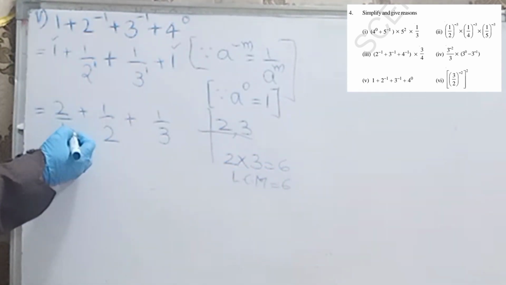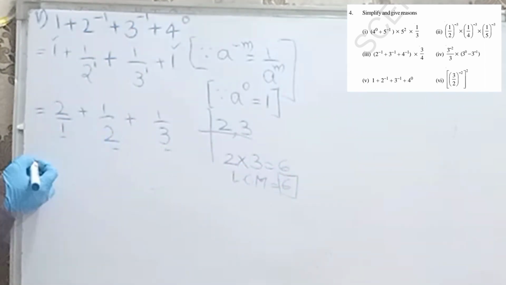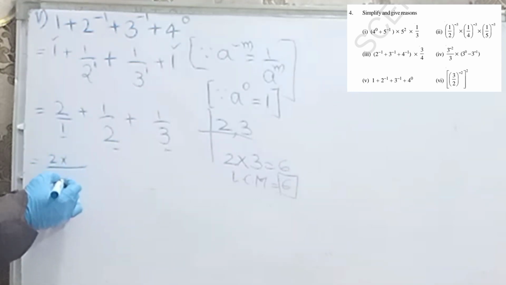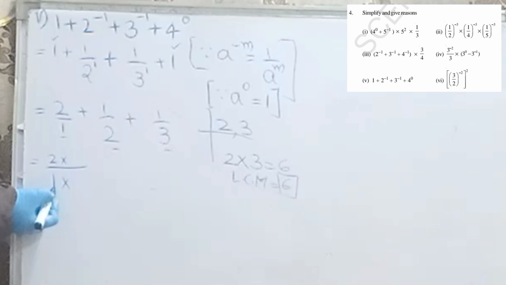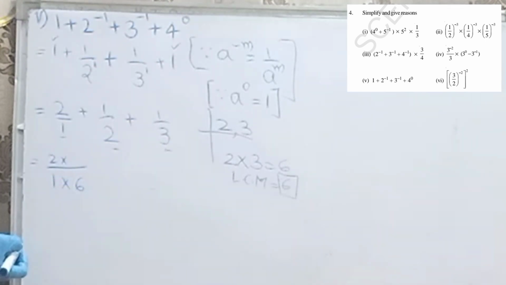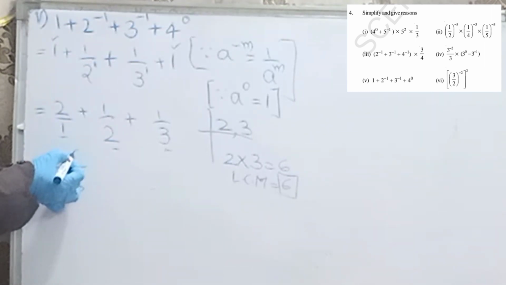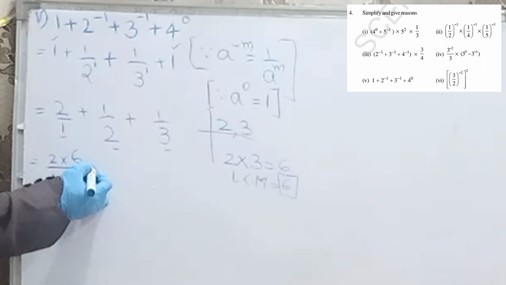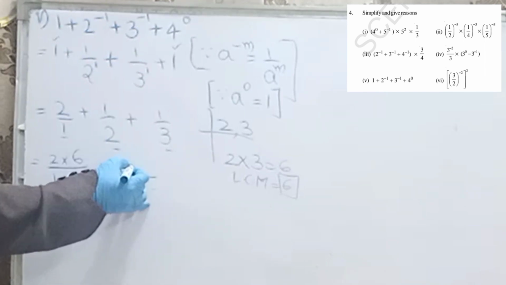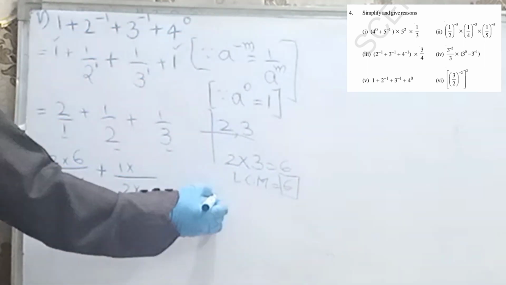That is, we have to change these denominators to 6. Okay, so what is the procedure? I'll extend this line and write here. Then I'll check in one table when we will get 6. Students, we get it when we multiply with 6. So when we are writing 6 in denominator, we should write 6 in numerator also. Okay. Now next thing, plus 1 by 2. Again I am extending this line and writing here. So in 2 table when we will get 6?